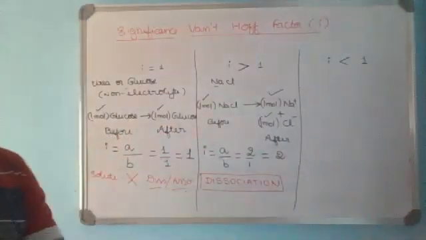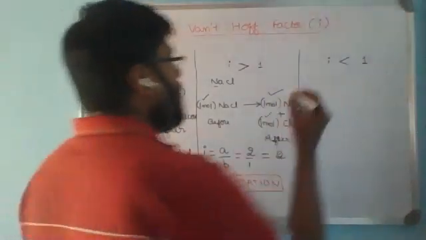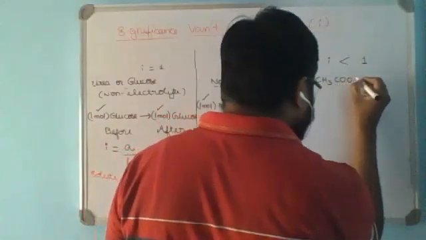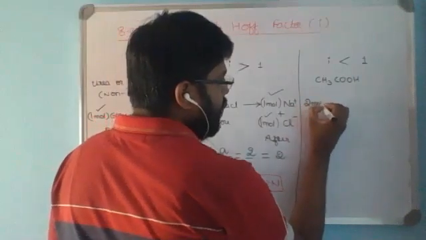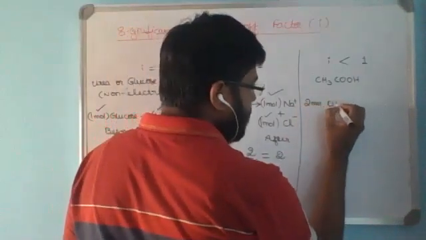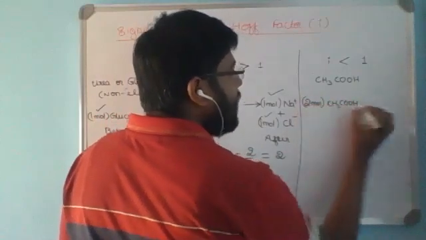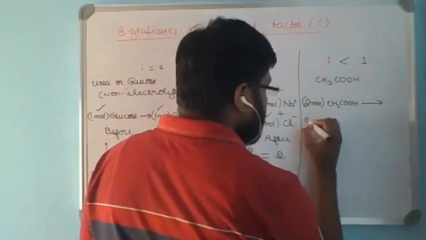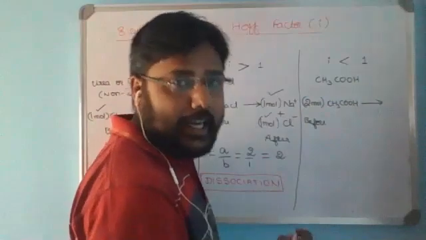If the i value is coming lesser than 1, what does it signify? We'll take the example of acetic acid, which we discussed earlier. If you take 2 moles of acetic acid and add it in a suitable solvent, we know that acetic acid undergoes dimerization.